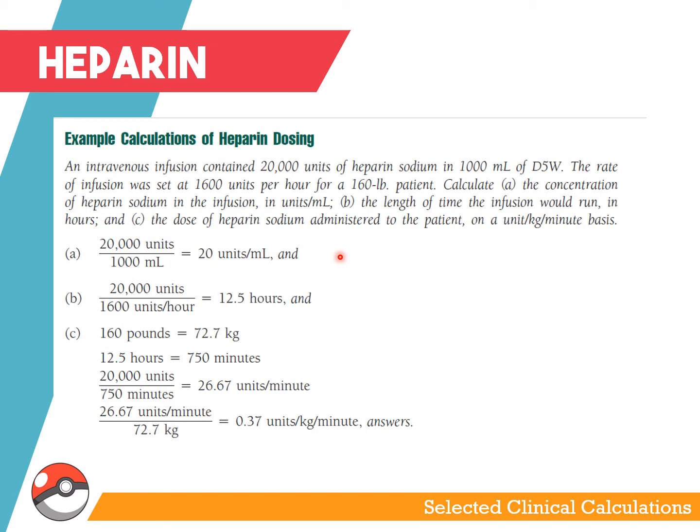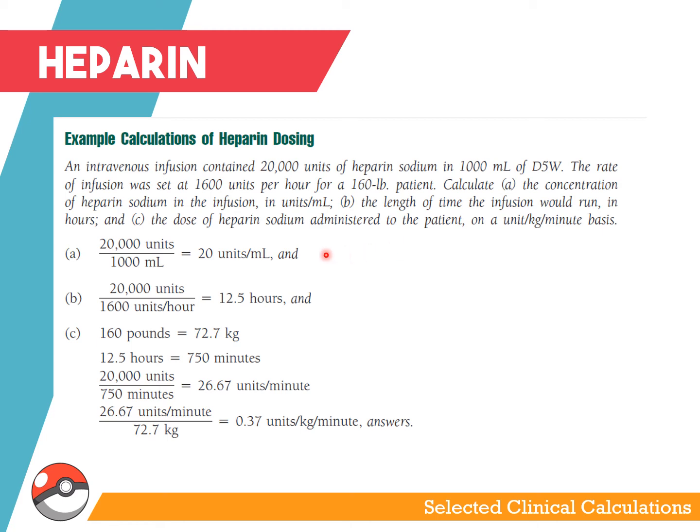Okay, so first you should identify the givens. We have 20,000 units of heparin sodium, dissolved in 1,000 ml of D5W. We also have the rate of infusion, which is 1,600 units per hour for a 160-pound patient. The first question asks the concentration of heparin sodium in the infusion in units per ml.